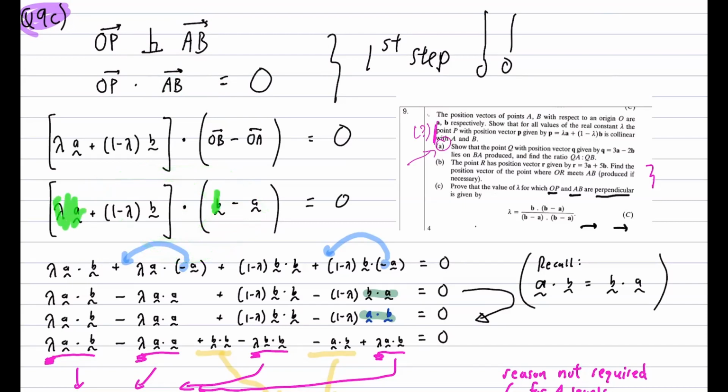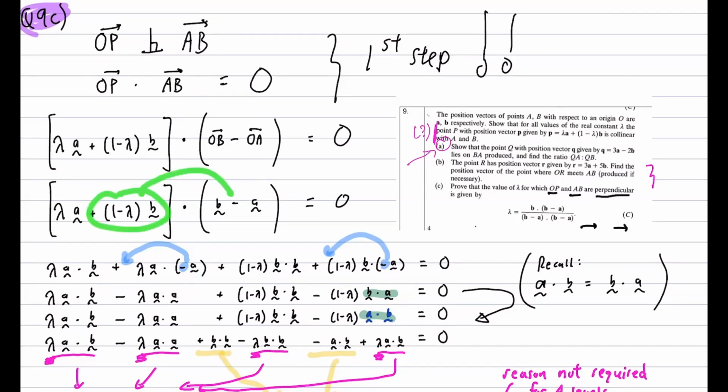So lambda A dot with vector B is lambda A dot B. Next one, lambda A dot with negative vector A, you get lambda A dot with negative vector A. Simplify, you can factor out the negative, you're left with negative lambda A dot A. Okay, but before we simplify, let's just continue expanding the other two terms.